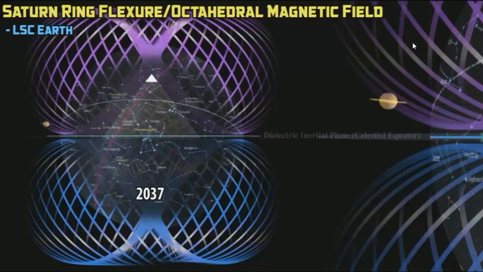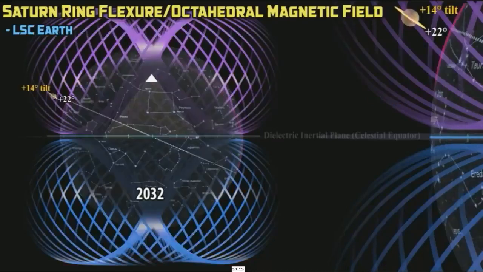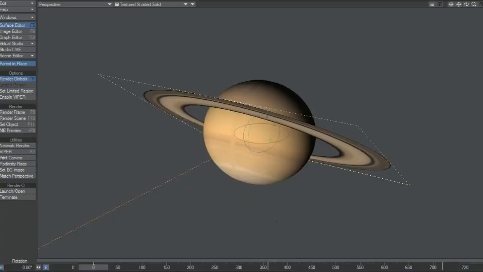So when it's in the northern hemisphere, you see these purple lines. They're going to influence Saturn to tilt up more. And when it gets to its extreme, like over there, it's tilting more than if it was just at a 22 degree declination angle. So we're getting this to be at like 36 degrees, 22 plus 14. And that's what I had to do in order to make it work.